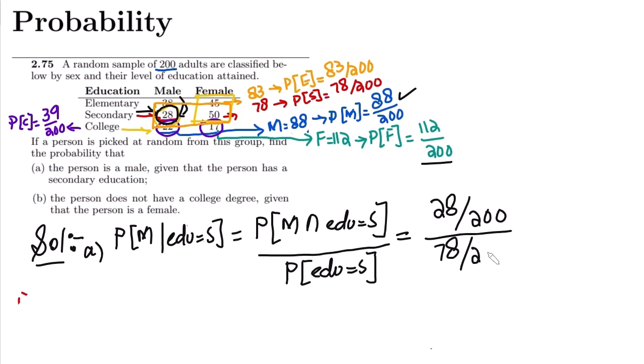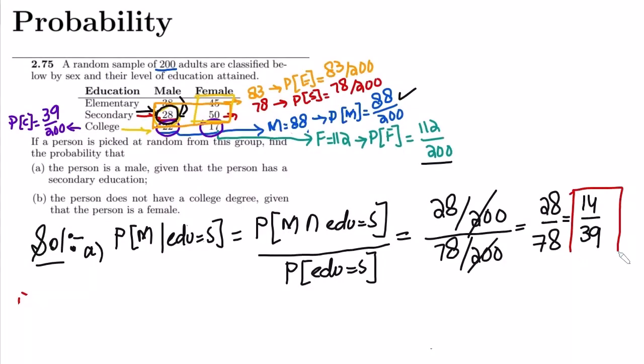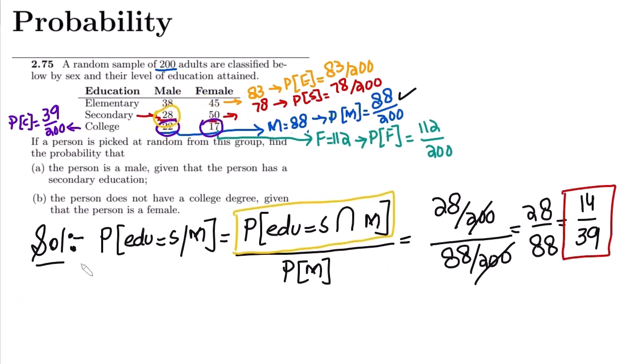These two 200s will cancel out, and here I will get 28 divided by 78, or simplifying it, 14 divided by 39. That is the solution of part A.